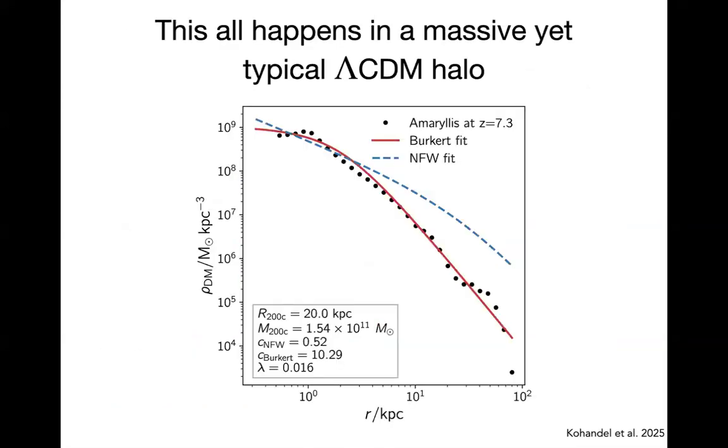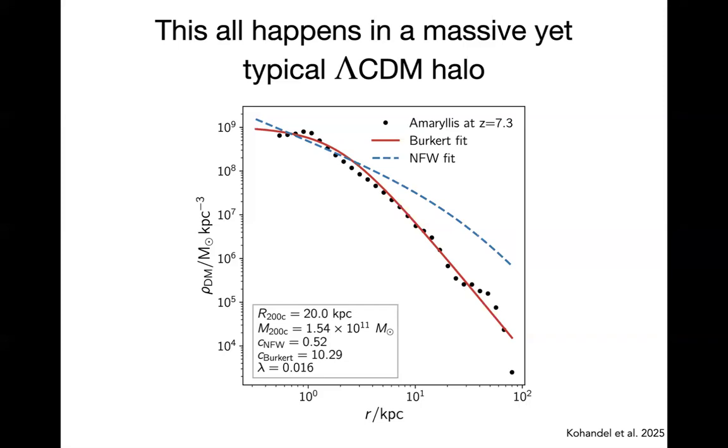And as a last thing, I would say that we don't need to change our cosmology so far. In the observations we find at least one galaxy, or 2 galaxies, and in the simulations as well, we are doing this as observers. So these kind of systems can be reproduced within lambda CDM. We don't really need a different dark matter or any other kind of changes. The only thing that I'm showing here is the dark matter profile of Amaryllis.